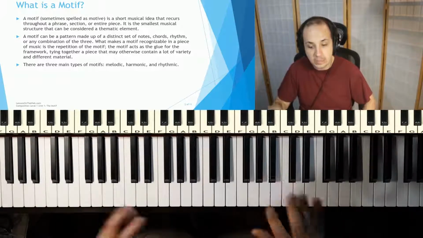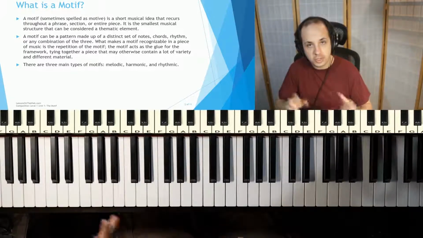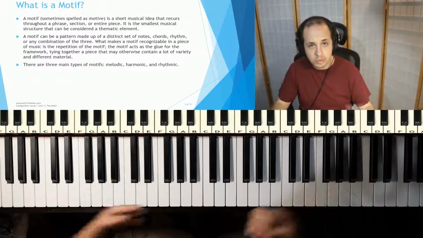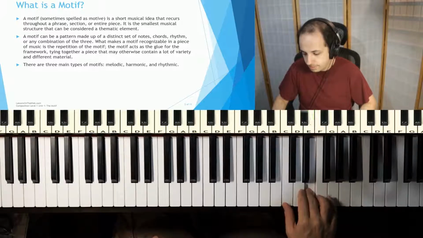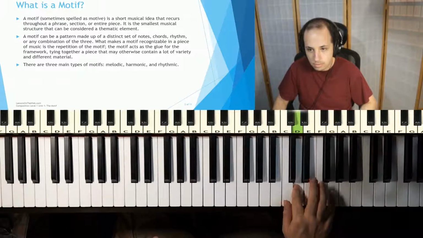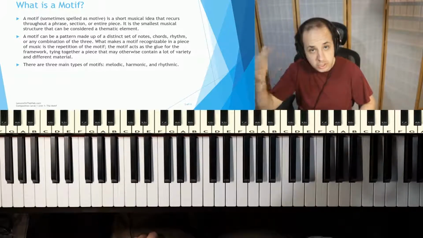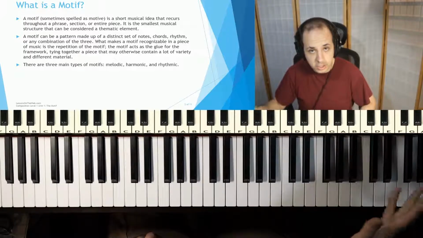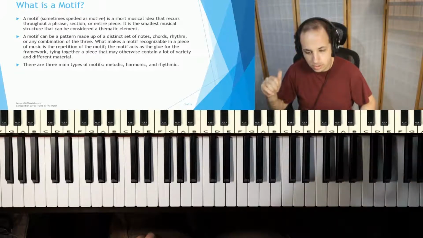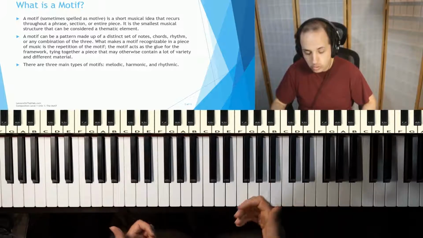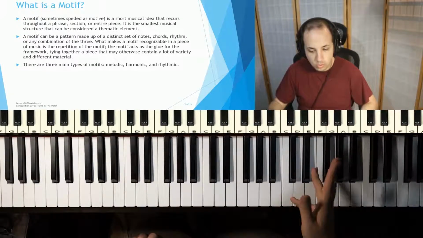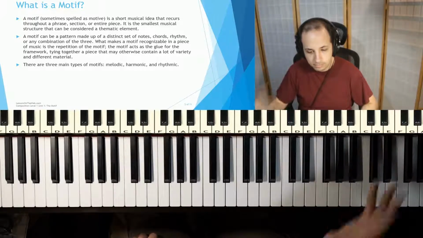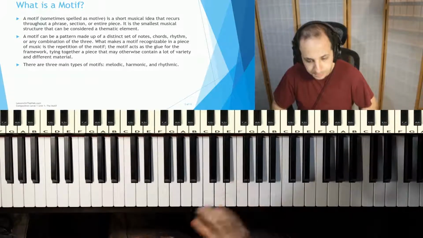So it can be like that because you have the same rhythm that you can identify throughout the piece. That's a motive. It can even be like that, where it's pitches. I have that pitch pattern, but I change the rhythm. It can even be a set of chords that you use as well. So it can be melody, rhythm, chords, or any combination of that.